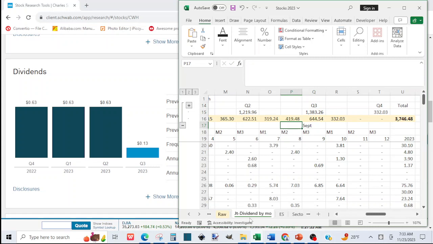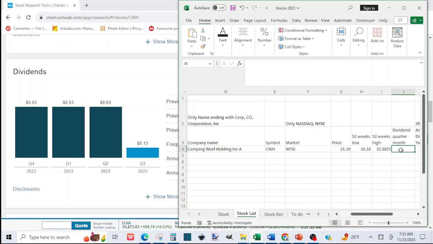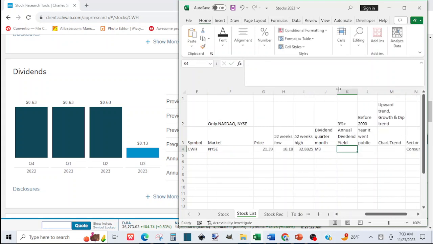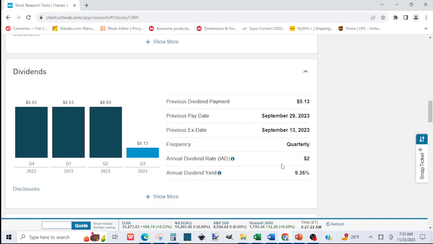So now you will go back to your stocks list, and you will just put month 3, and then the dividend yield is 9.35.